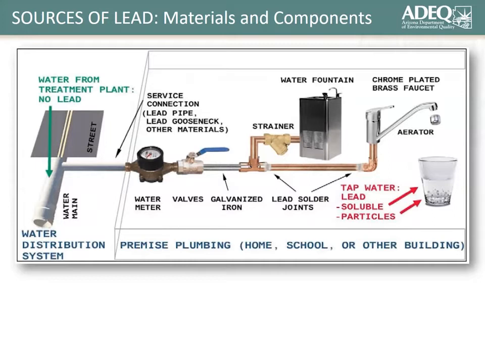Anything from brass or bronze fittings of water meters, valves, solders, joints, and faucets themselves can all contribute some lead release given certain parameters, such as stagnation time, oxidation reduction potential, and fluctuating pH changes. Those are all indicators that we look for to help assess how lead and copper are corroding into a tap.